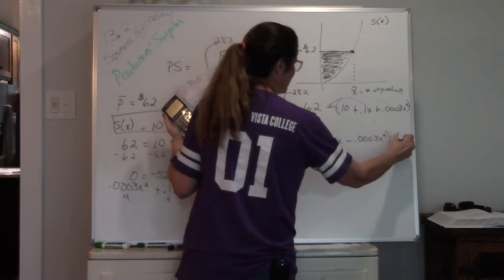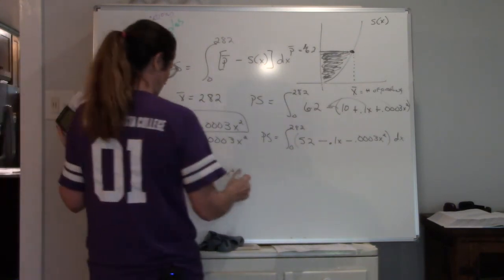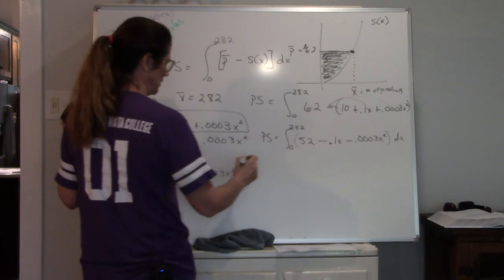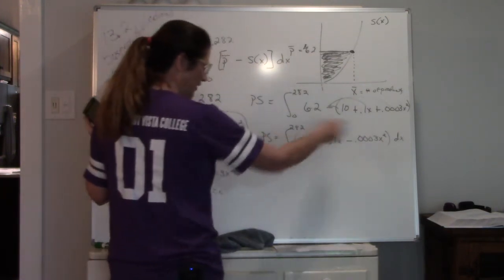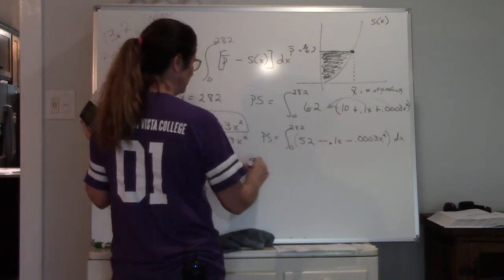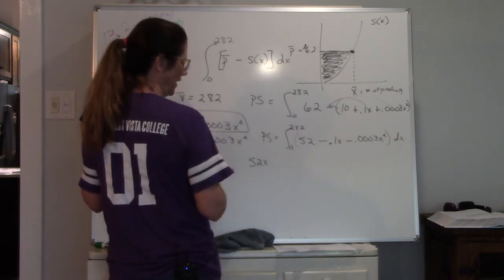So now I can find the antiderivative of that function. I'm going to quit writing PS because you know it's producer surplus. So the antiderivative of 52 is 52x. Remember, when it's a constant, you just add an x to it.